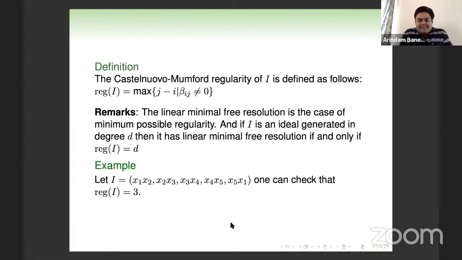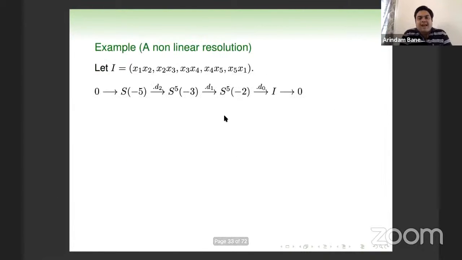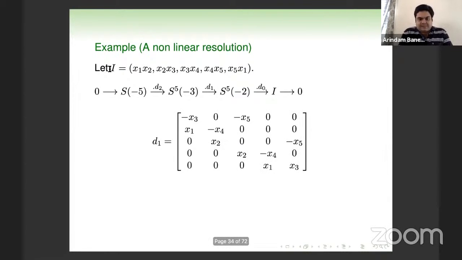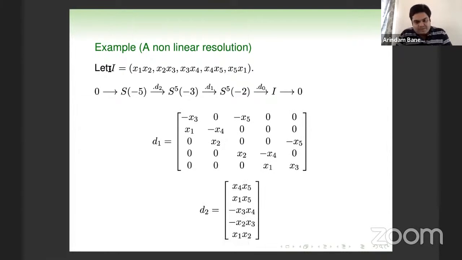So if you take this ideal, we saw its resolution. One can check the regularity is 3. So this is not a linear resolution. How? The resolution, we saw, stops at the third place. So this actually looks like this: D1 is this and D2 is this. So what does it say?